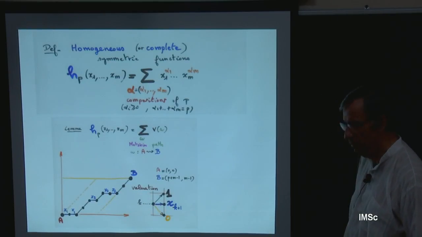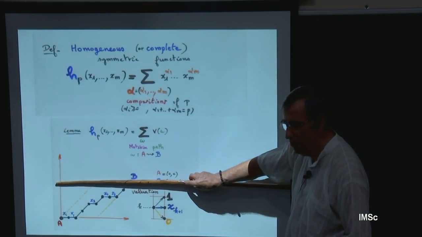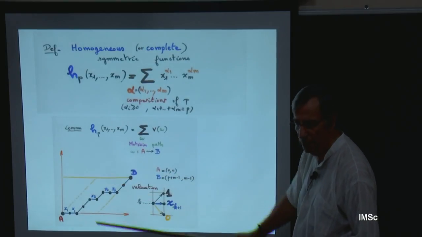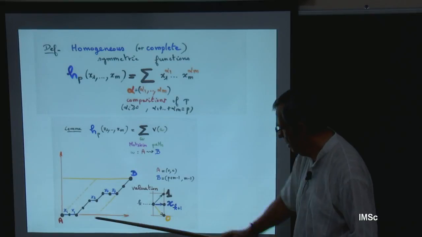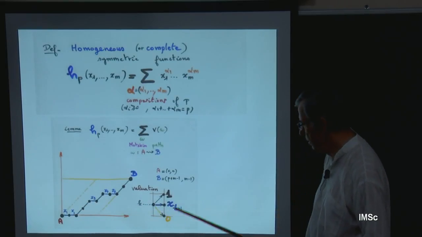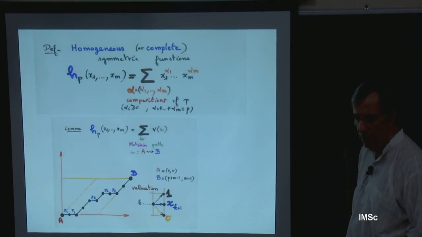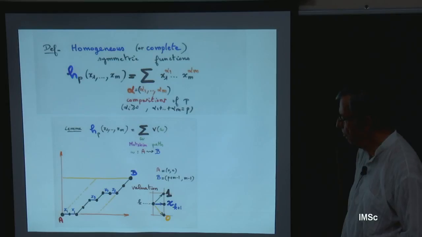So here p equals 5. This level is the maximum possible, m minus 1, the maximal possible value of the index of the variable, and you can have repetition of letters. So this is a visual interpretation of the homogeneous symmetric function h_p.